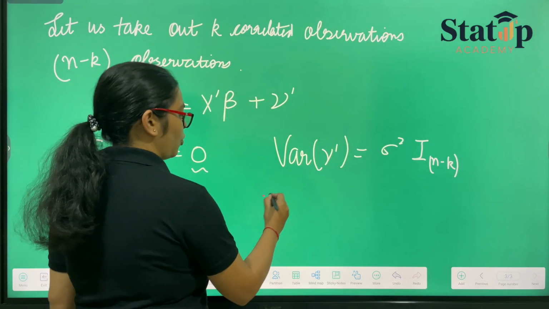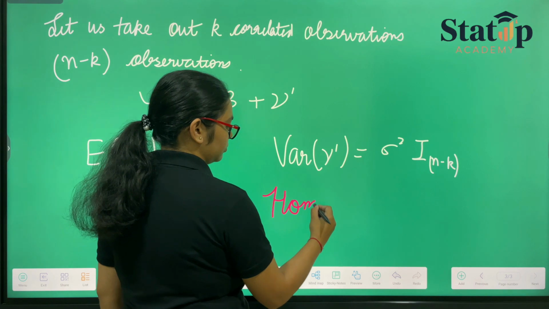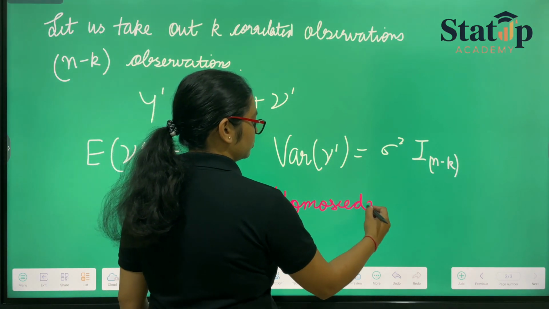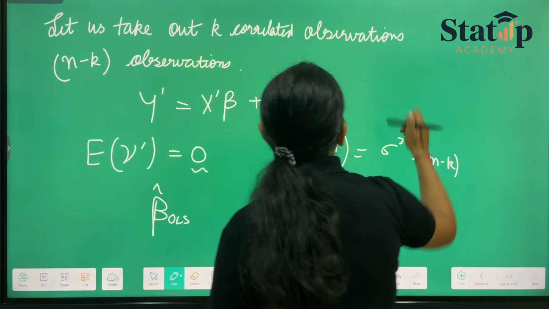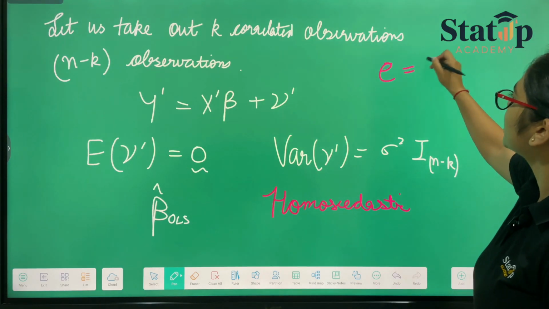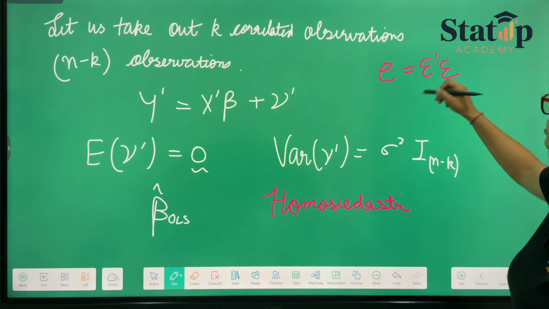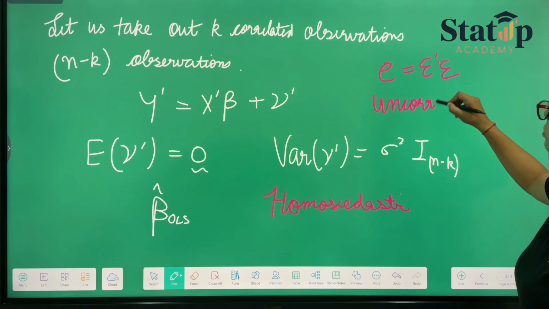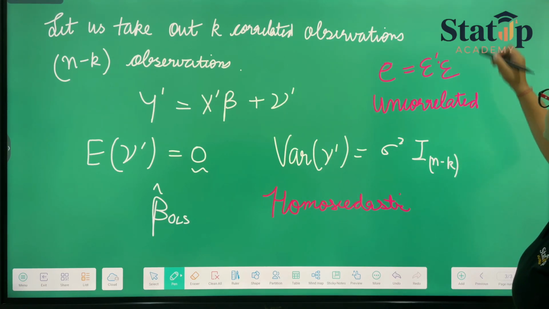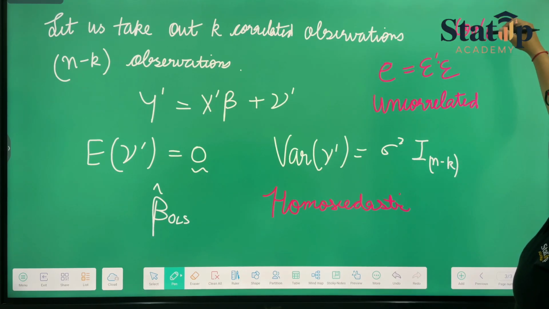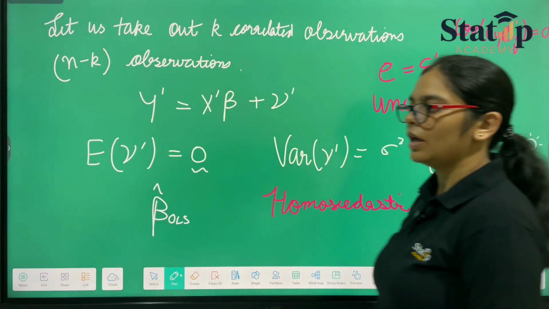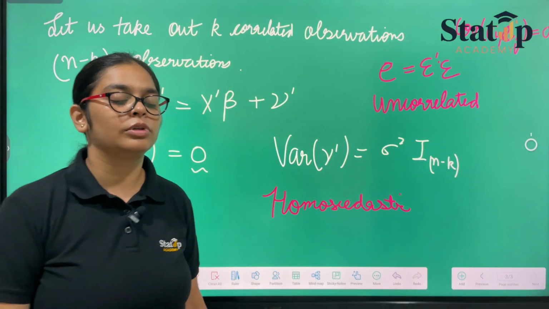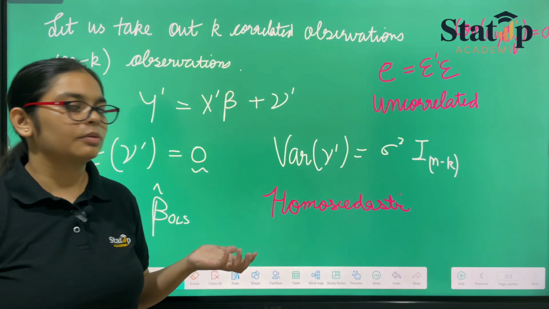Here our model is homoscedastic, and the residual is also uncorrelated, which means that covariance of e i, e j is equal to 0. And hence by Theil process we have solved our problem.